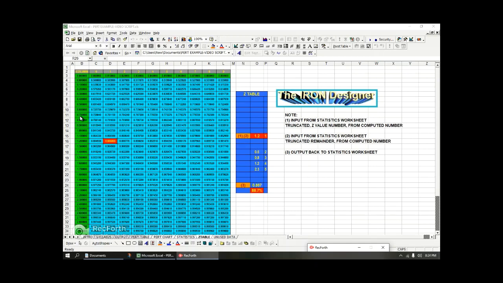Then if you look in the 0.7 row, and it's just 0.7000, it usually goes out to 5 or 6 decimal places, then what it tells you is that you have, I think it says 0.75804, at exactly 0.7 on the Z table, and that's the number there.